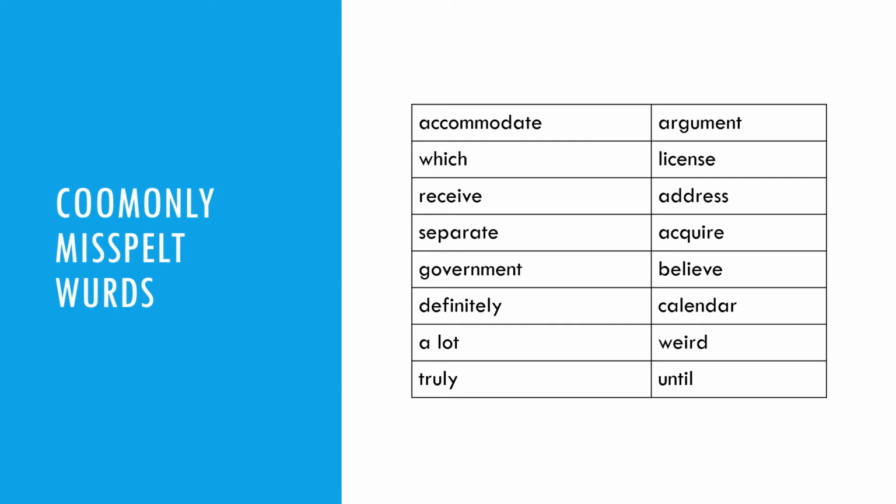A lot is two separate words, not one, A-L-O-T. So take a look at some of these and identify if there are any on here that you either have learned to correct in your own writing or that still cause you some issues sometimes.